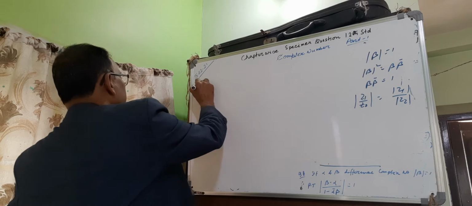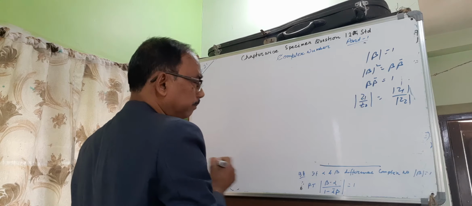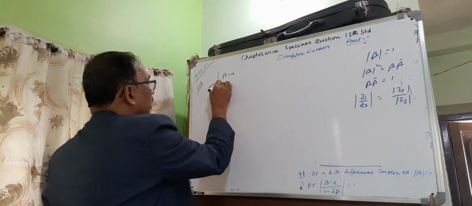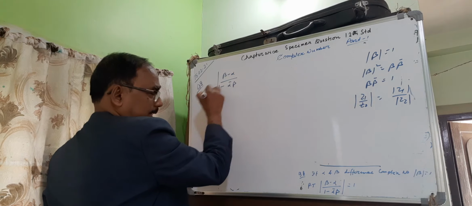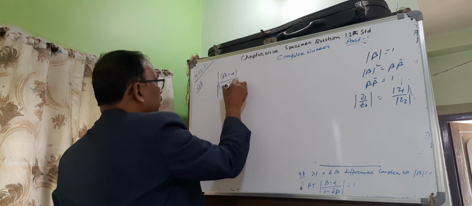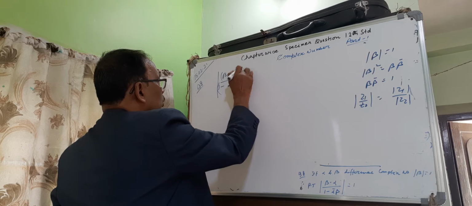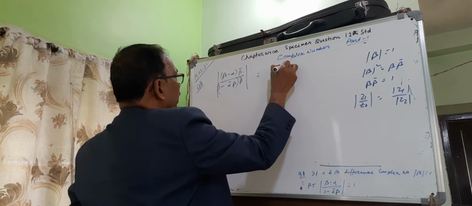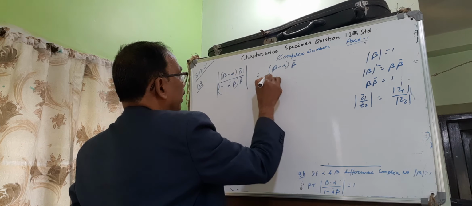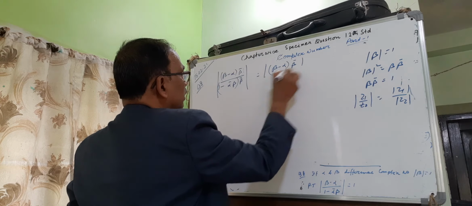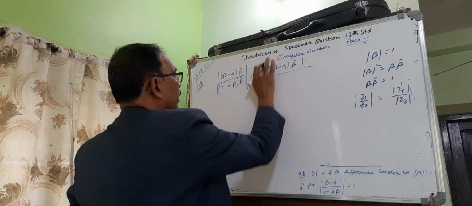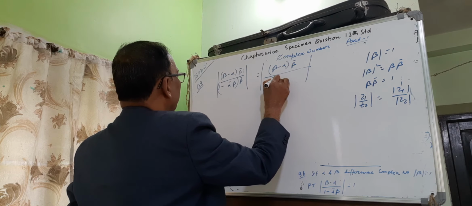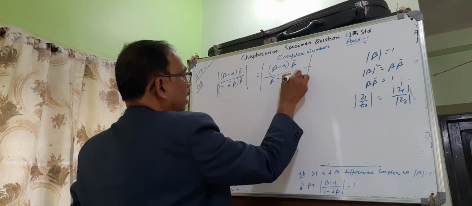Now let's do question number 8. Here, |(β − α)/(1 − ᾱβ)|. Multiply β̄ in both numerator and denominator. That is |(β − α)β̄| over |β̄ − ᾱβ β̄|.